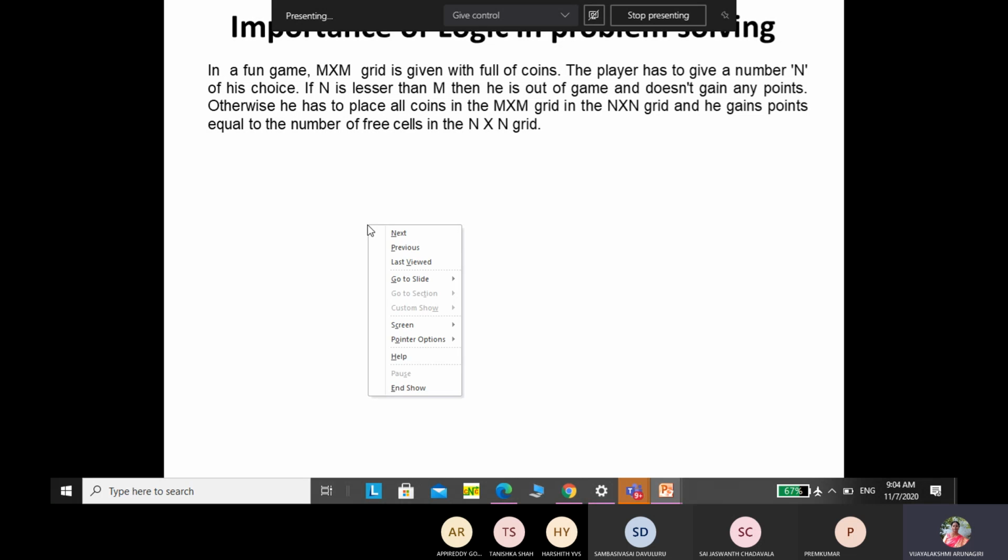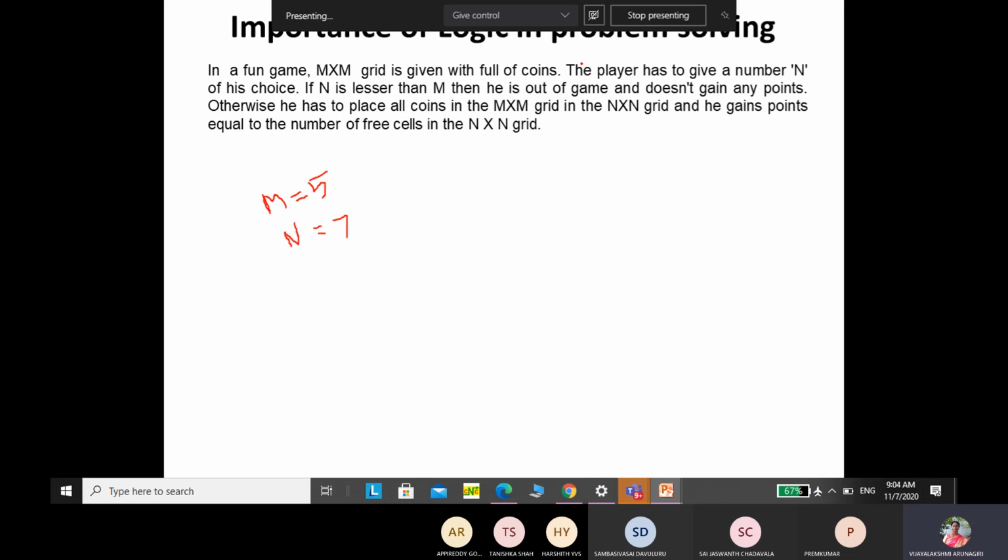Say for example, I'm giving m equal to 5 and n equal to 7.